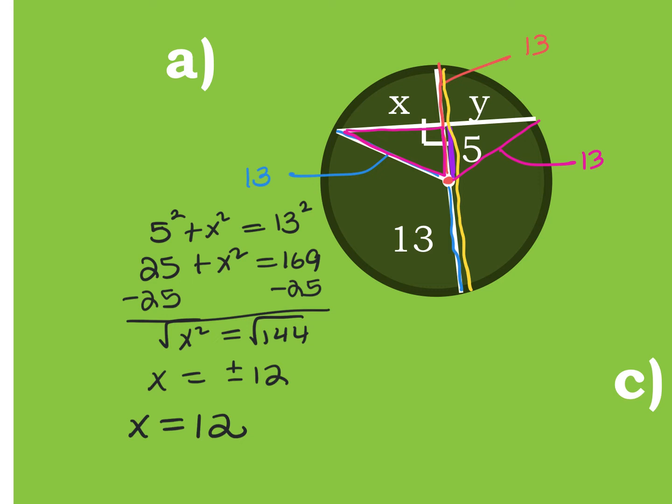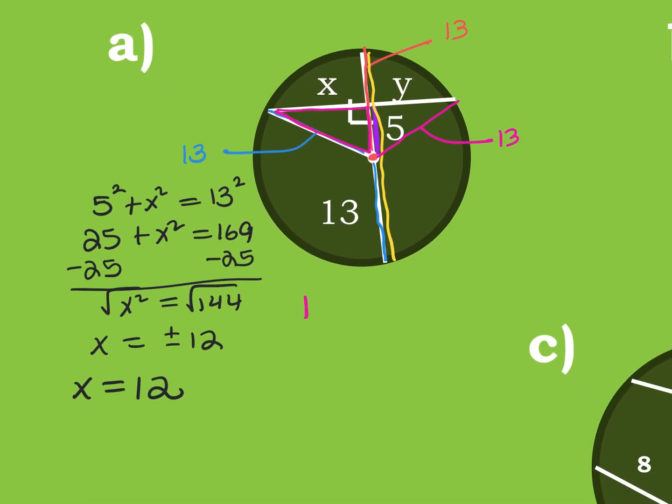But the faster way to find the value of y is to use one of the new theorems we just learned. We could use Theorem 10.7, but again, don't memorize the number. It's called the perpendicular chord bisector theorem. So we can use the perpendicular chord bisector theorem to find y.